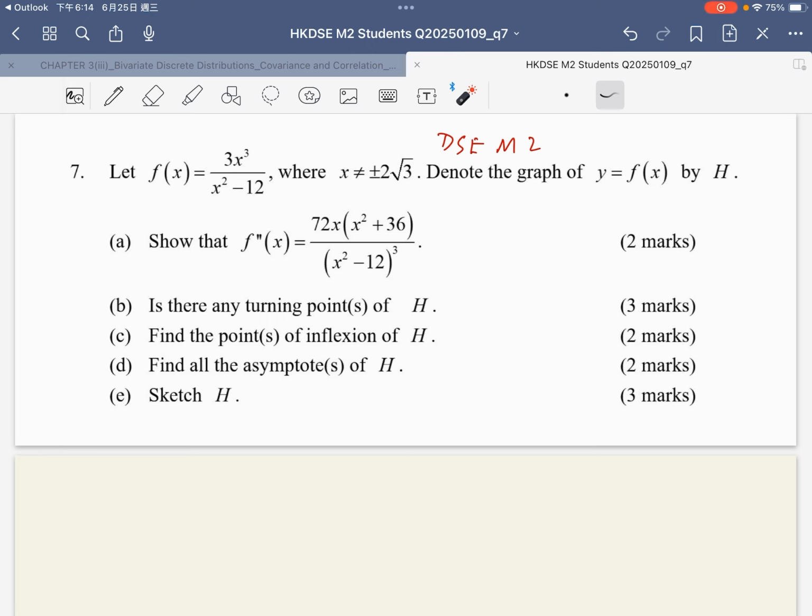Part A: prove that the second derivative of f(x) is equal to this one.